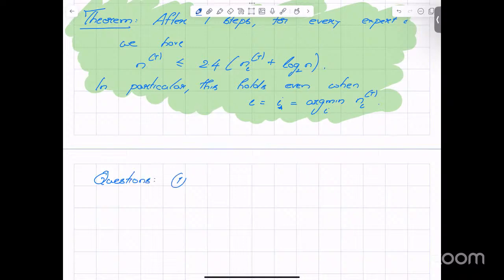So the questions I want to ask. One is, is the multiplicative factor of 2.4 necessary?